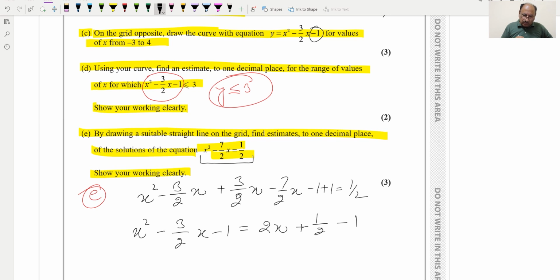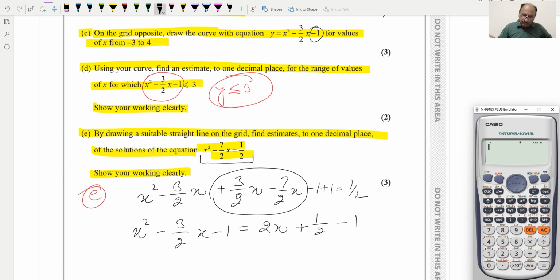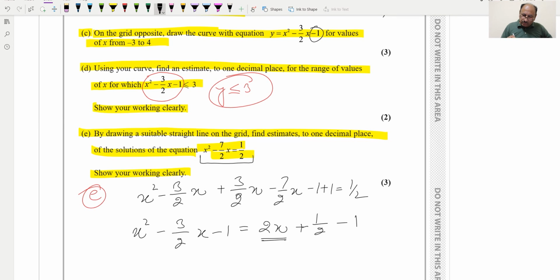So this is what, after simplification we have done this. So this will be, if we combine these two, this will be becoming 2x. If we check this, 3 over 2 and minus 7 over 2, and this is equal to minus 2, and we will shift this to other side, so it will become plus 2x.